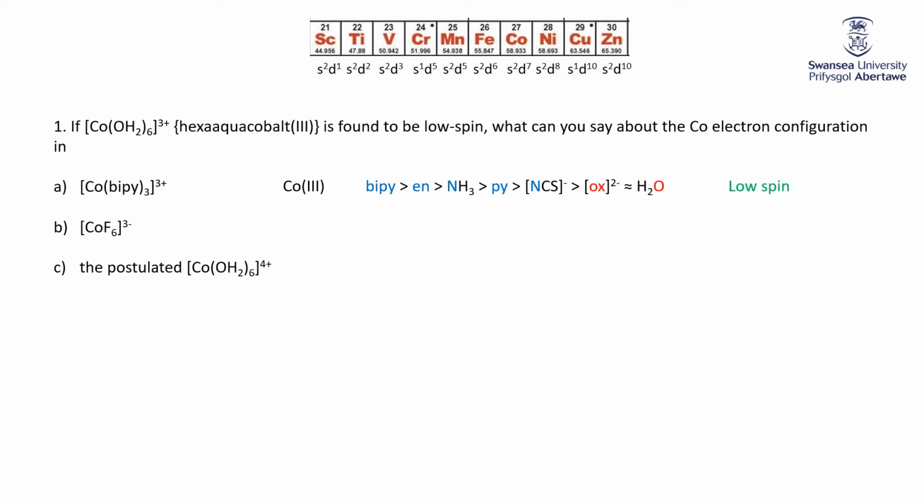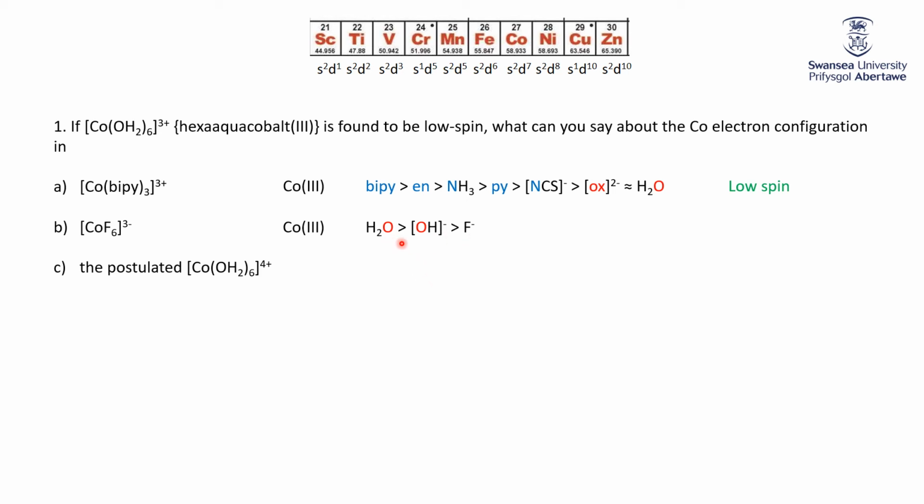Okay, now CoF6 3-, okay, is going to be Co3+ again. You've got 6 fluorides, each at -1, so that's -6. The whole thing's -3, so cobalt must be +3. Okay, but now we find fluoride in the spectrochemical series, and we find that it's a weaker one than water.